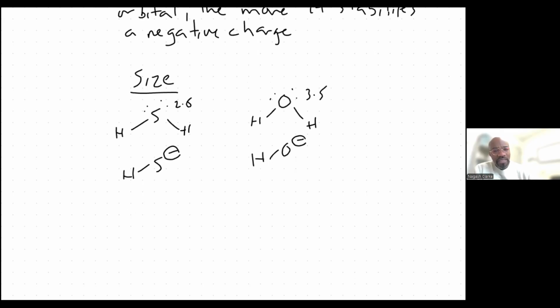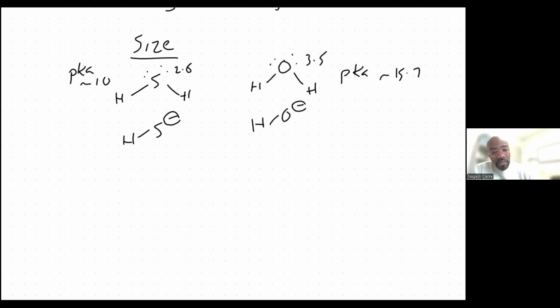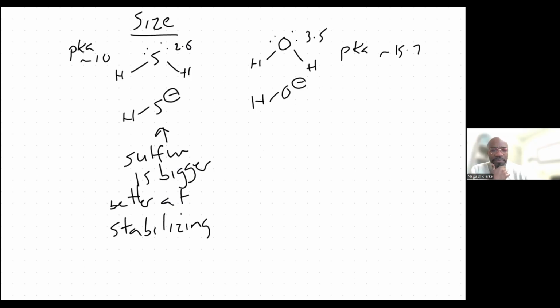However, we find that the pKa for H2S is around 10, and the pKa of water is around 15.7. So clearly H2S is more acidic. The reason being, sulfur is bigger, better at stabilizing. So bigger atoms can spread the charge around better than smaller atoms can.